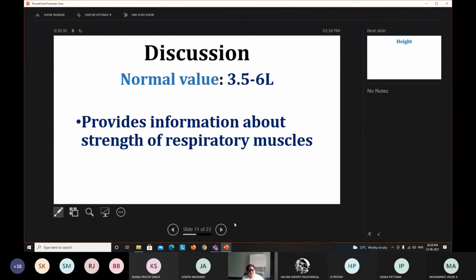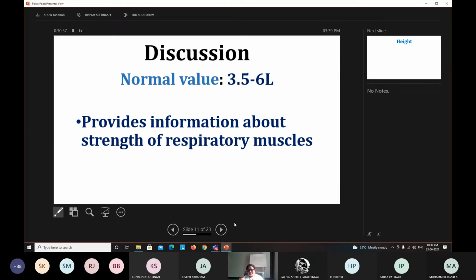Now what is the usefulness of this particular experiment? This recording of vital capacity gives us information about the strength of the respiratory muscles, because the respiratory movements are mainly because of healthy respiratory muscles. The amount of air inhaled and exhaled forcefully during the recording of vital capacity is mainly the act of respiratory muscles.